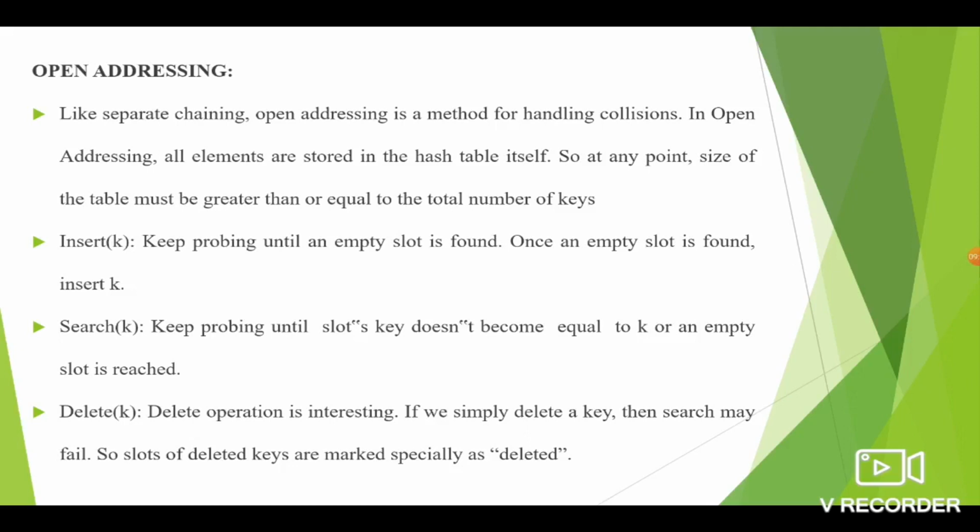Searching, you have to keep probing until the slot's key matches k or an empty slot is reached. In order to delete the element from the hash table, okay, you have to mark the deleted keys as deleted.